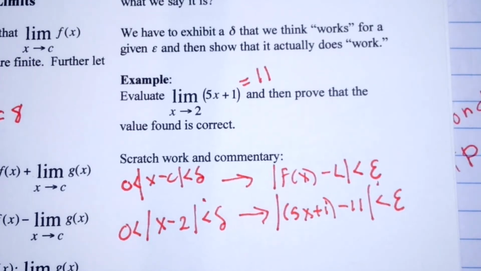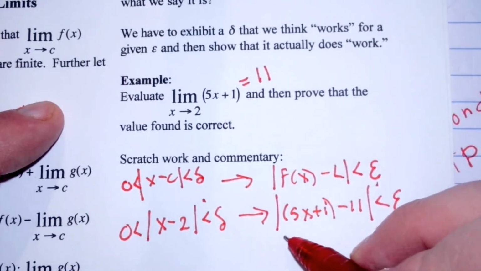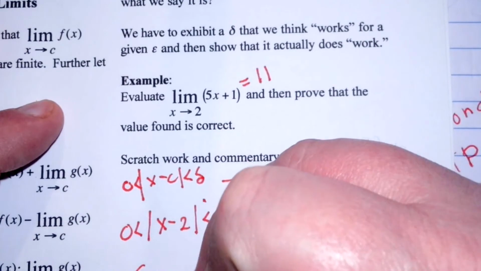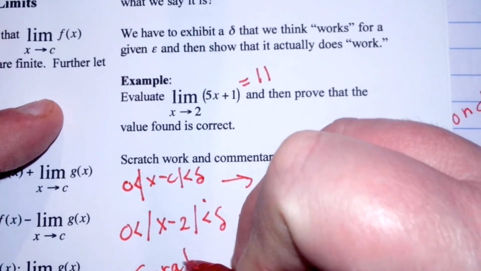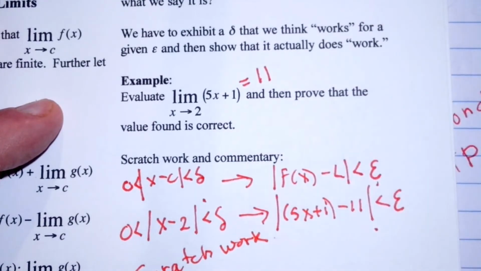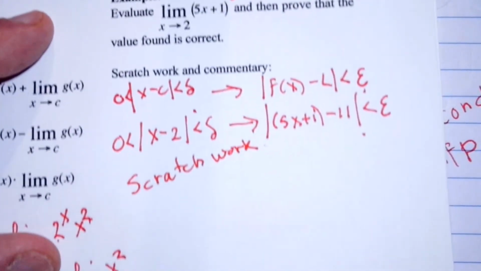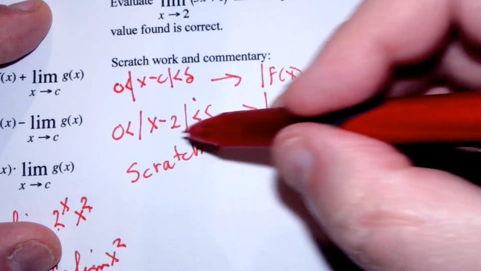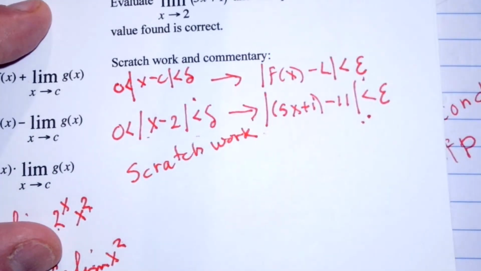You'll see how this is going. So what we need to do is start with this and go backwards. But again, this is just scratch work. Let's work with this and see if we can get it to look more like this.